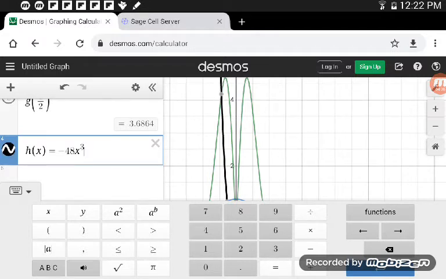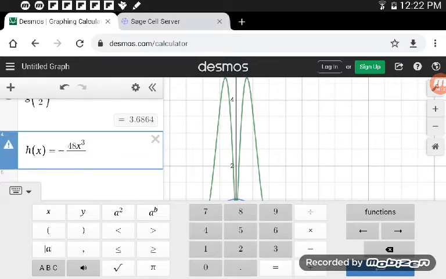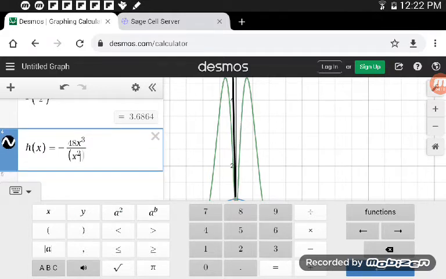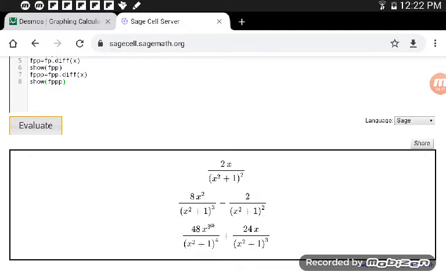Okay, and then that was divided by parentheses, and I think that was, I'll have to go back and check to make sure, but I think that's x squared plus 1. In that parenthesis, and then that was to the 4th power, I think. Okay, so I think I have that one. So let's check that. Minus 48x cubed, yep, over x squared plus 1 to the 4th power.